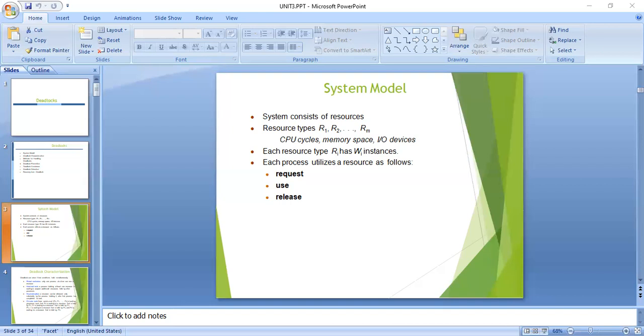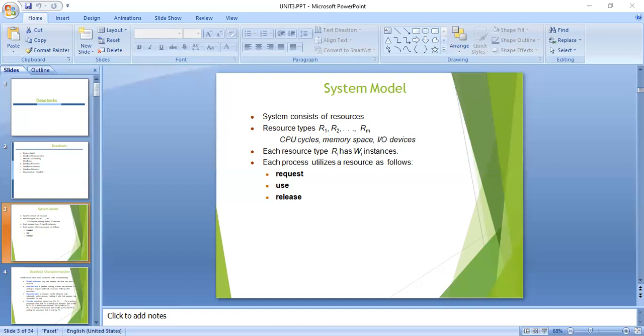Once the resource is available, the process will use the resource. Using the resource means it will produce the output; in simple language, it will execute the program. Then, as the third step, after finishing the program execution or usage of the resource, the process will release the resource.